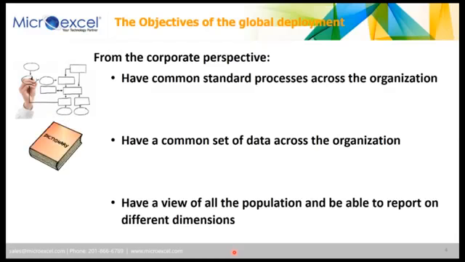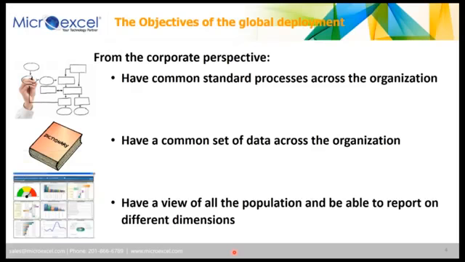The second part is really to have clear common data sets across the organization, and we will have to distinguish between corporate data sets, local legal requirements, as well as functional requirements that you need at the local level. And then finally, once we have collected all the data and used the system to perform our processes, we are looking into having a view of all the populations across our organization and being able to report on different dimensions.